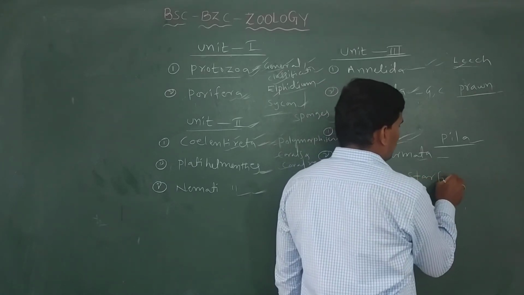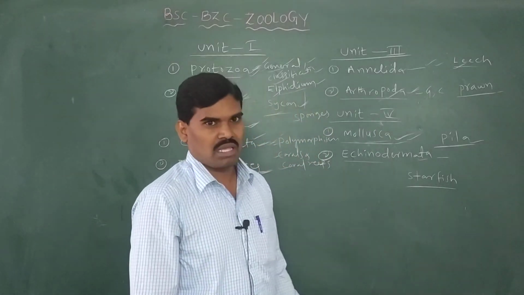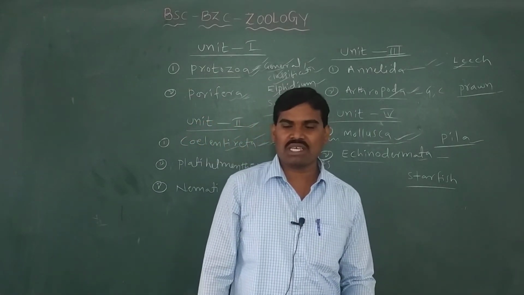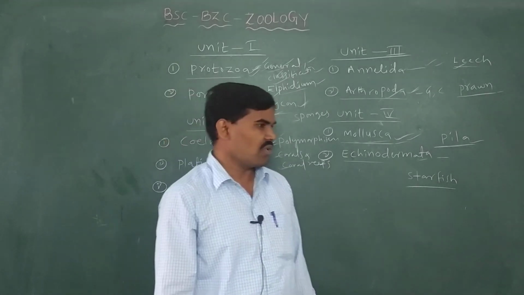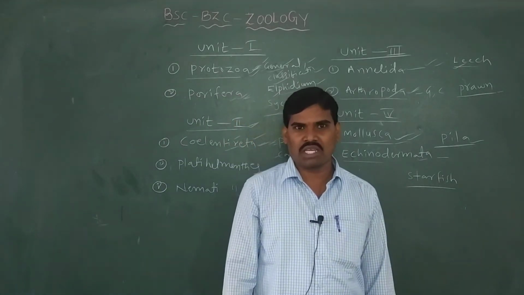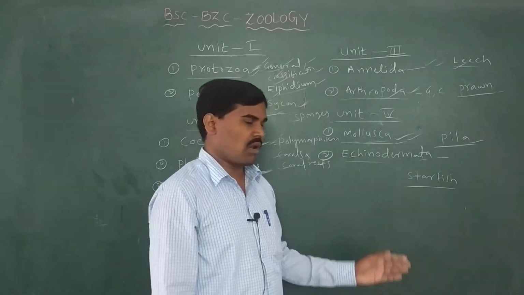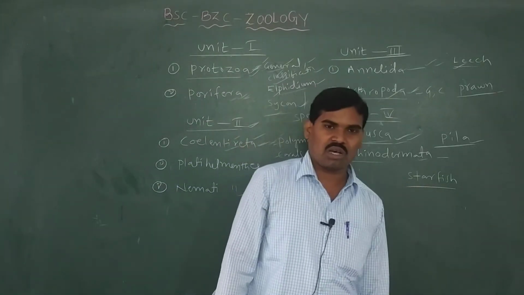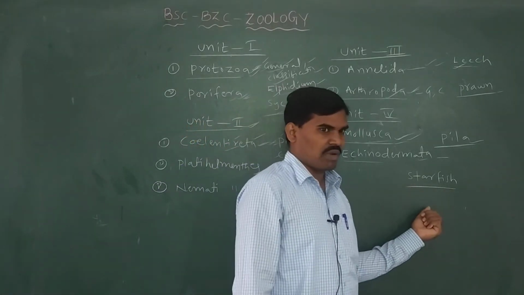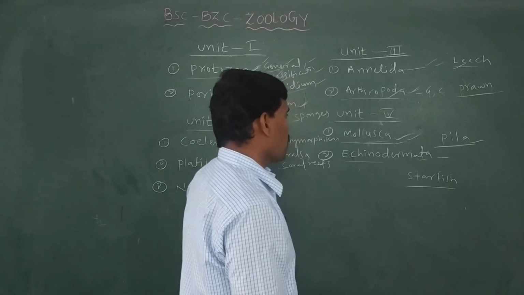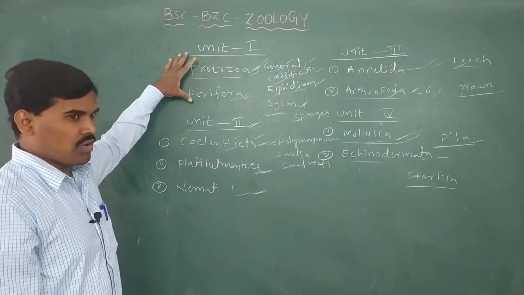For the starfish type study: external morphology, water vascular system, and digestive system, and the larval stages of Echinodermata, the number of larval stages. So we have seen the fourth unit of the total first year zoology syllabus, four units.